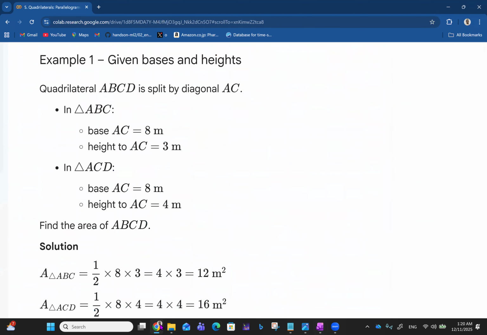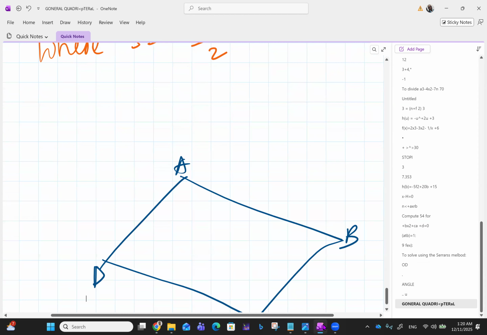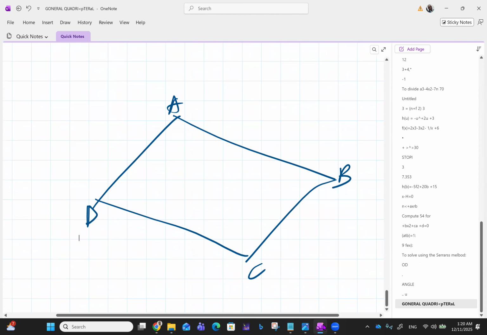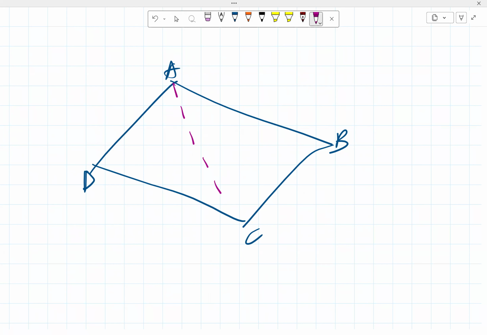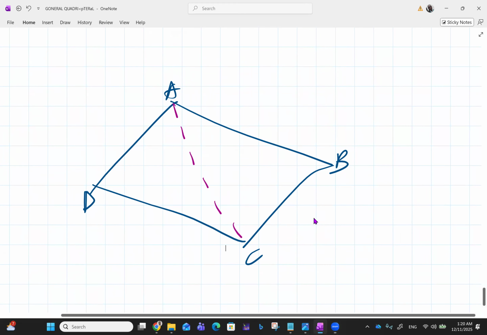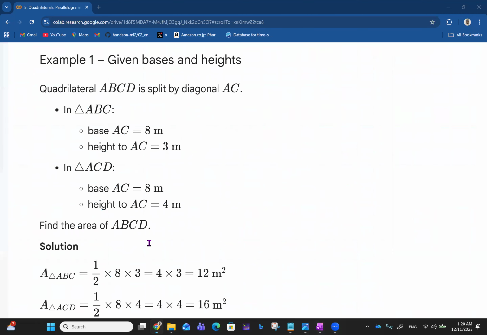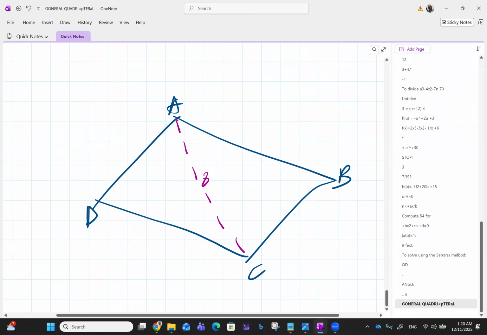So it is split by diagonal AC. That's diagonal AC right there. What else do we know? We know that in triangle ABC, the base AC is 8 meters. So this is 8 meters right there, the base AC.